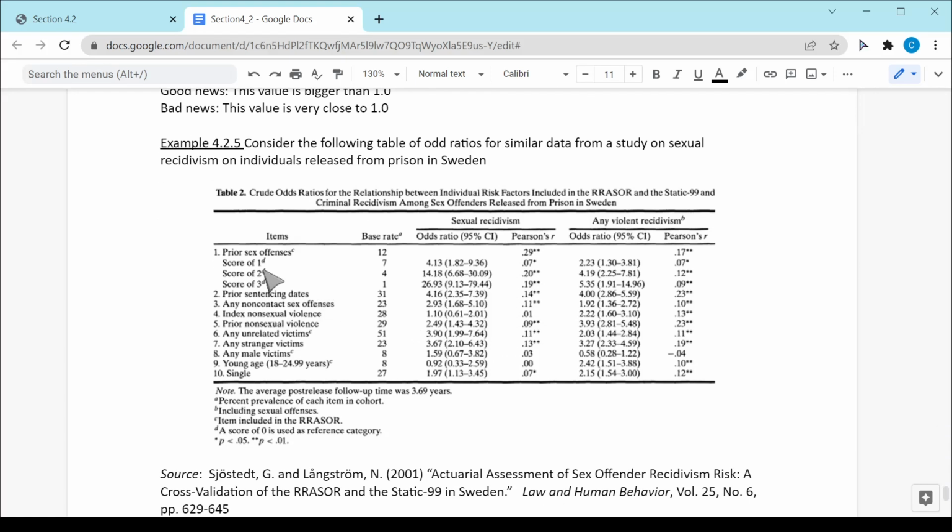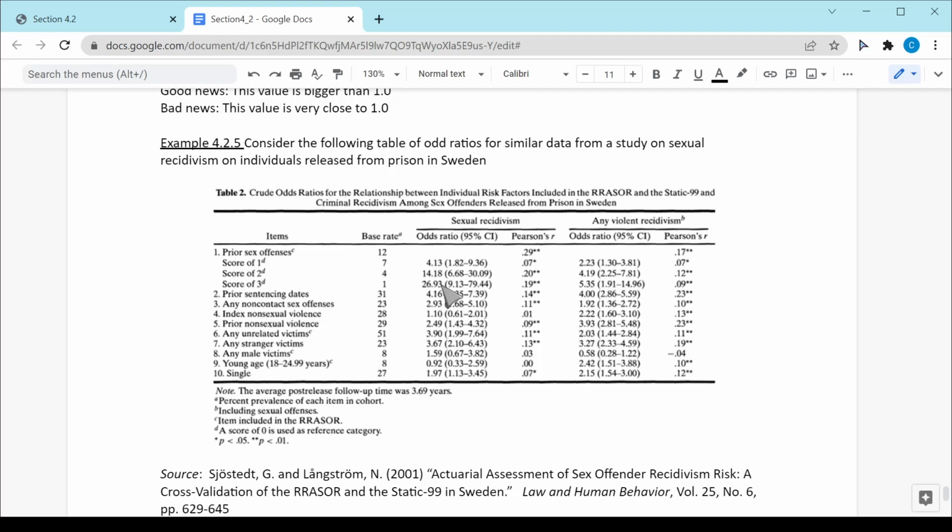So you can see in Sweden they have things called a score of 1, 2, or 3. In the States we do have level 1, level 2, or level 3 sex offenders, so it's probably something similar. And you can see that for a level 3 sex offender, at least in Sweden, the odds of them coming back for a sexual recidivism, so this is for a sex crime, are 27 times higher.